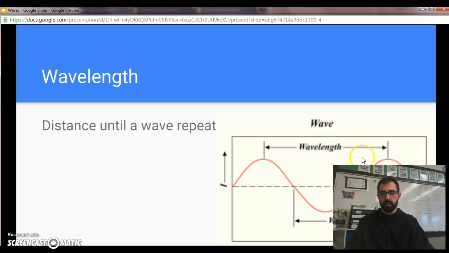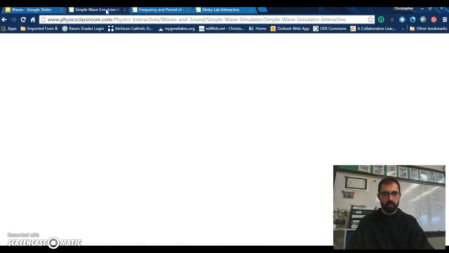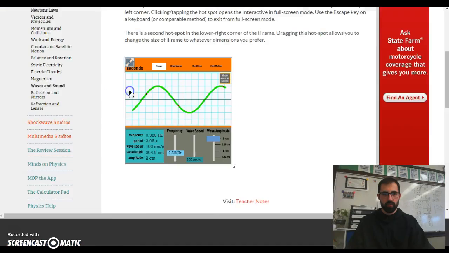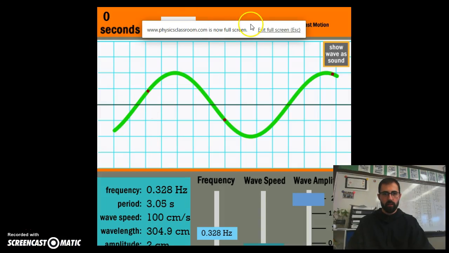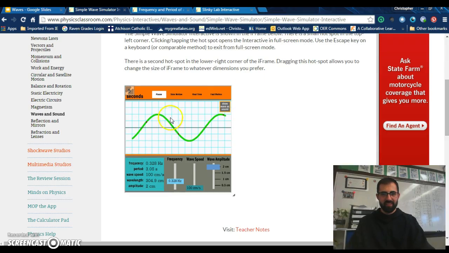You can see crest to crest, and I'm going to minimize this screen and get things in motion with this simple wave simulator. All right, so we'll start moving. Sorry about that, real time.